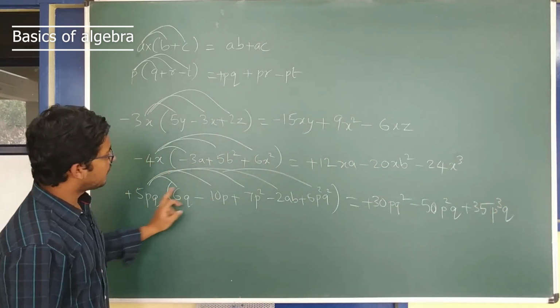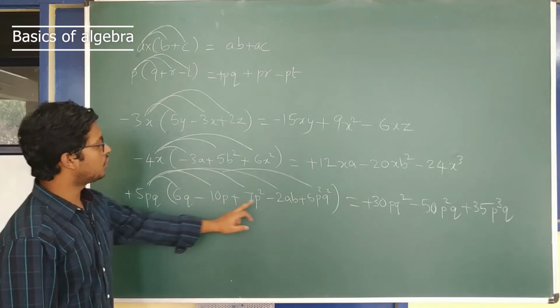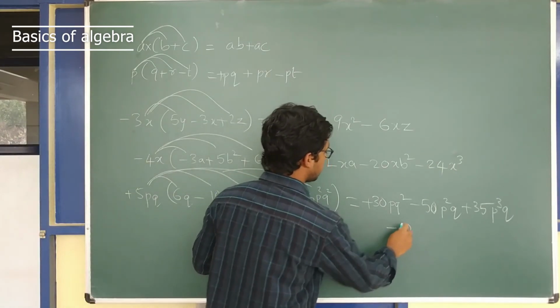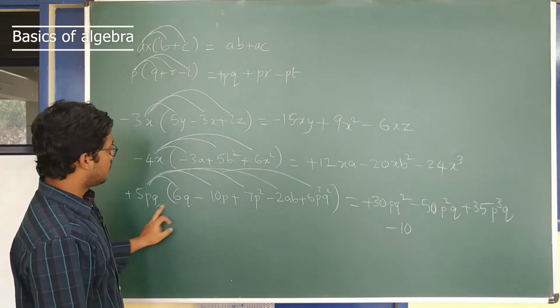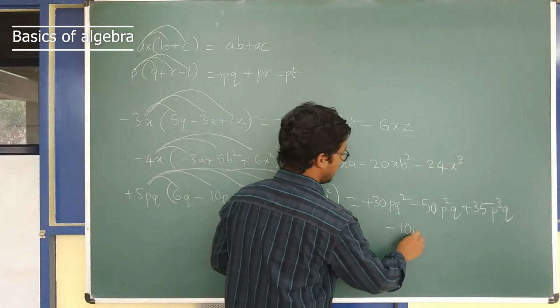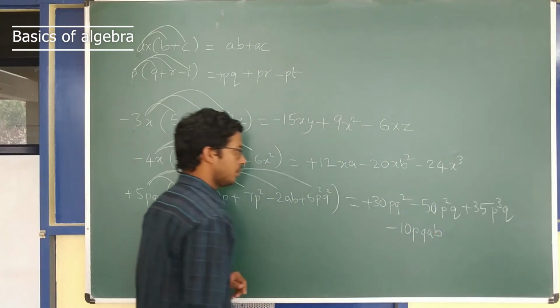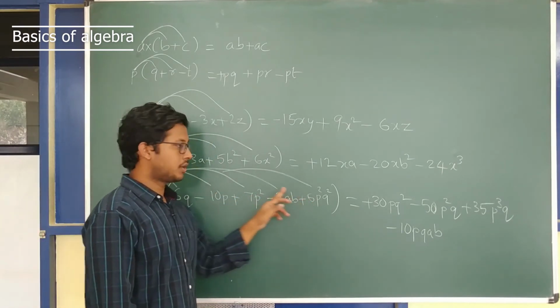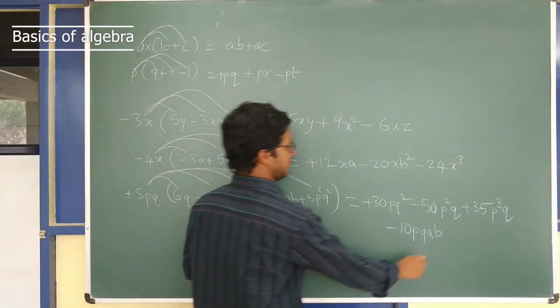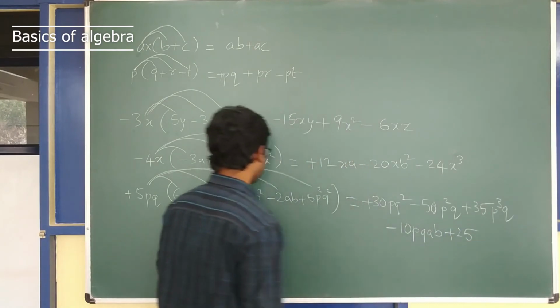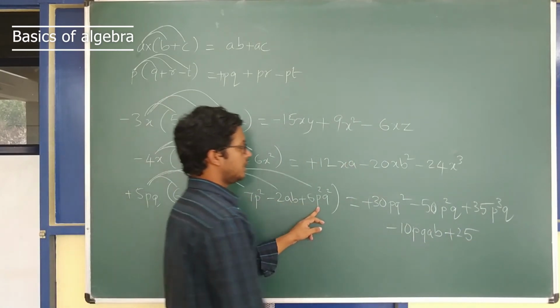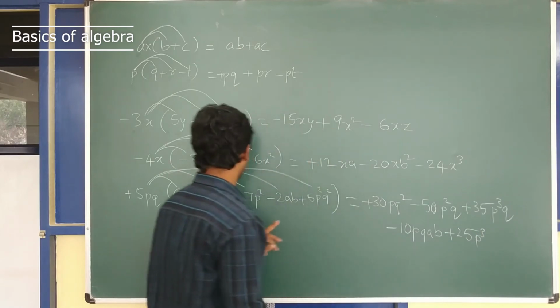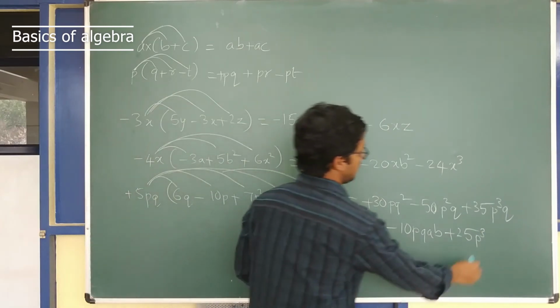Now 5pq into minus 2ab. So 5 into minus 2 is minus 10, pqab, and they remain as they are. So minus 10pqab. Now let's see this one. 5pq into plus 5p square q square. So 5 into 5 is plus 25. p into p square is p cube and q into q square is q cube.